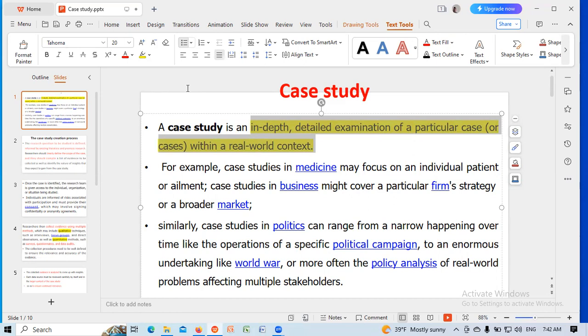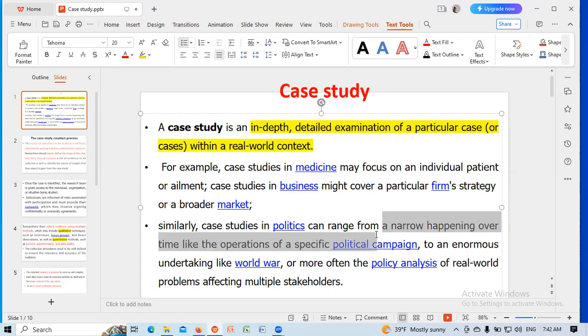Similarly, in politics, a case study can range from a narrow happening, like the operation of a specific political campaign, to an enormous undertaking like a World War, or more often the policy analysis of real-world problems affecting multiple stakeholders.